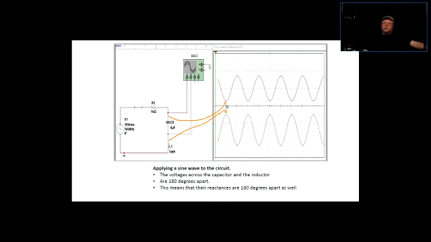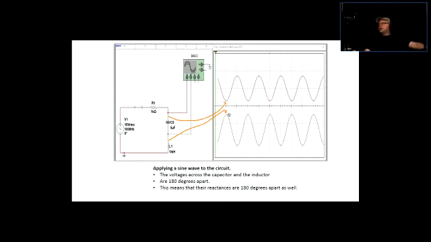Because in the capacitor, the voltage is 90 degrees out of phase one way when we apply the change. And in the inductor, the voltage is out of phase with the current 90 degrees the other way. So you go back to the whole extreme, and the distance you have to travel would be 180 degrees.